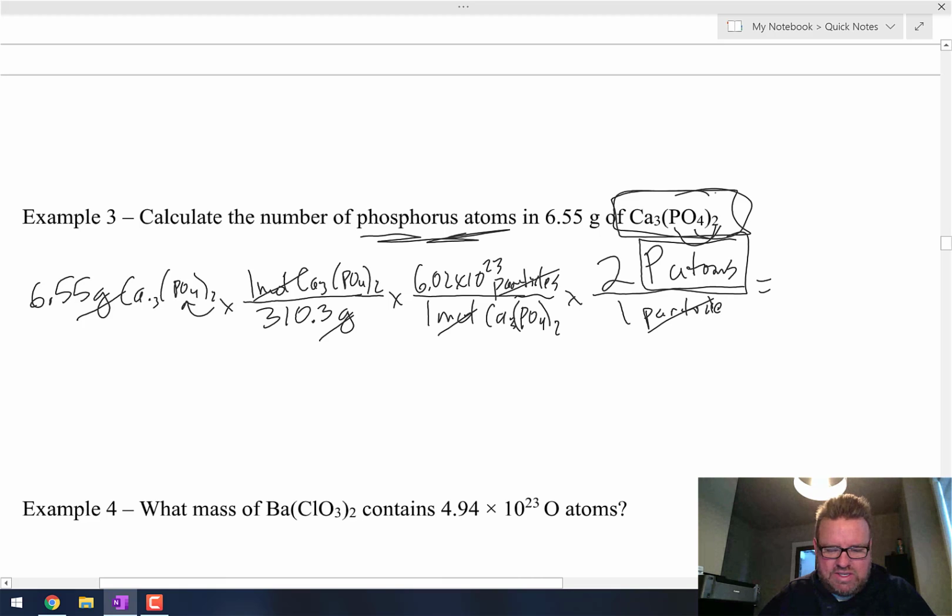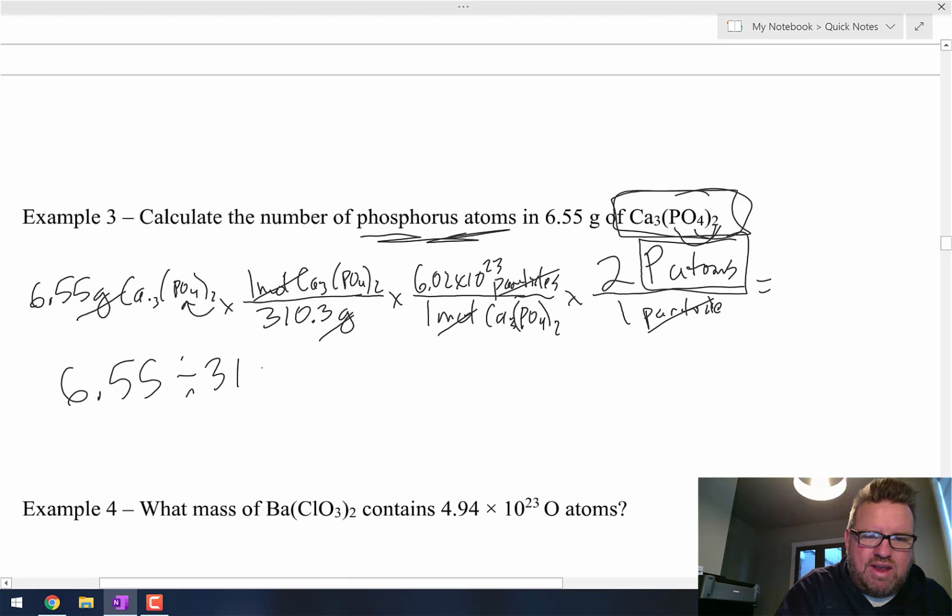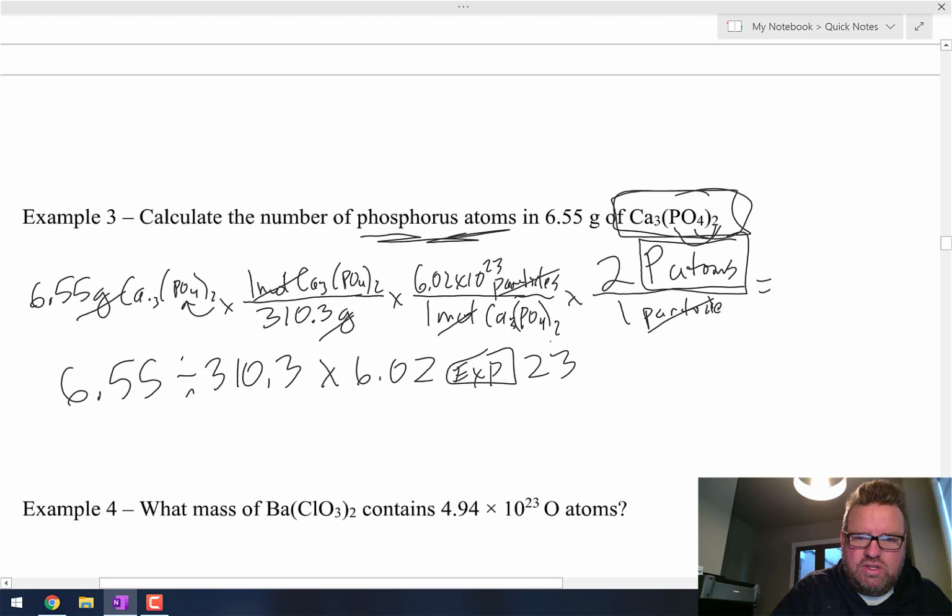So then I take my 6.55. In my calculator, I'm going to go 6.55 divided by 310.3, times 6.02, hit the exponent button, whichever button that is for you, 23.